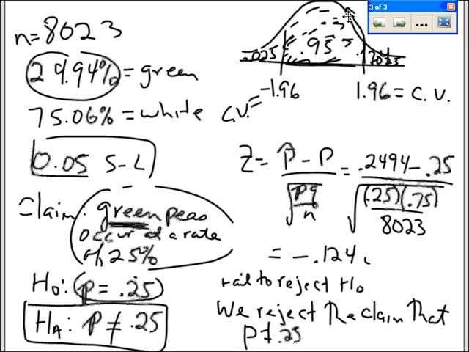So what we can say is there is not sufficient evidence to warrant rejection of the claim. We can't reject the claim. We don't have sufficient evidence to reject the claim. It seems like what they are saying is actually true.